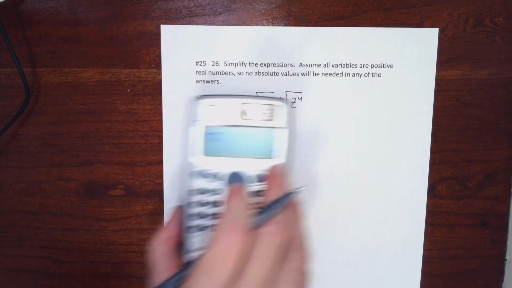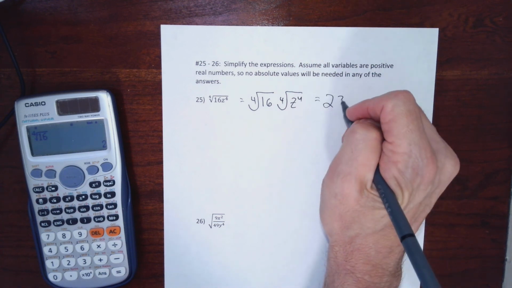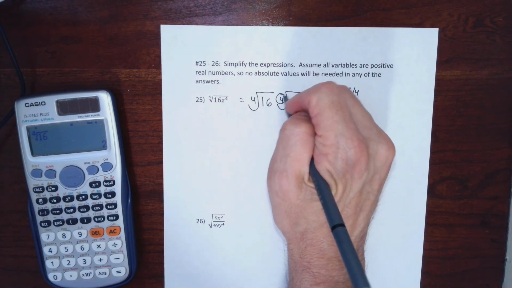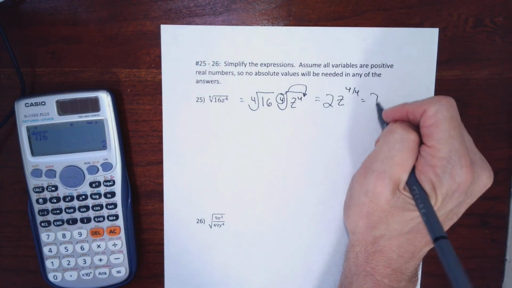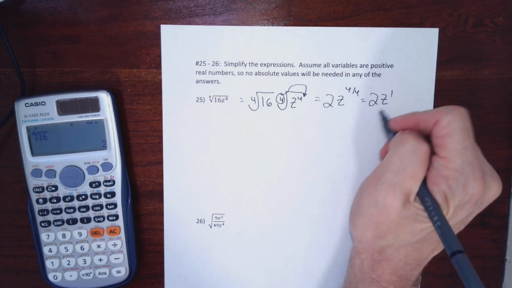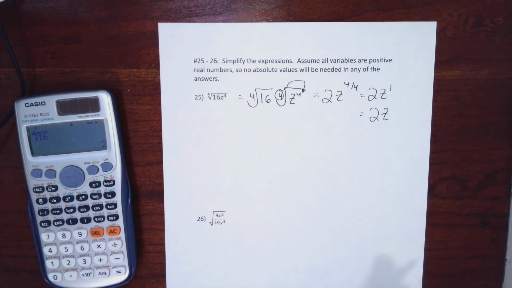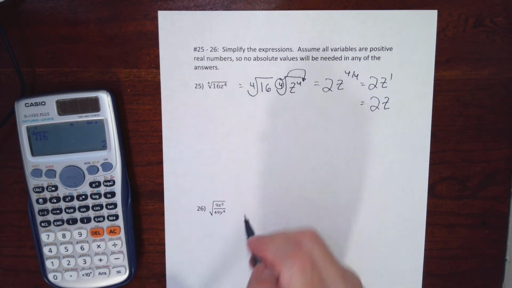But it comes out perfectly. So part of my answer is going to be 2. And for the z, if I could take the exponent of the z and divide it by the index, if you don't get a fraction, that's the simple way to reduce the radical. And these problems are from the beginning when we started reducing radicals. They work in the simple way. So 2z is the answer to 25.